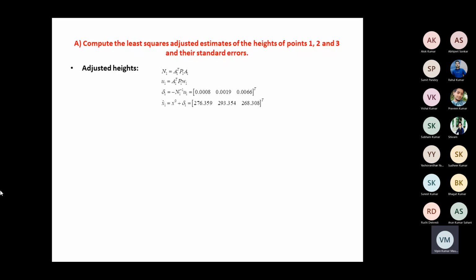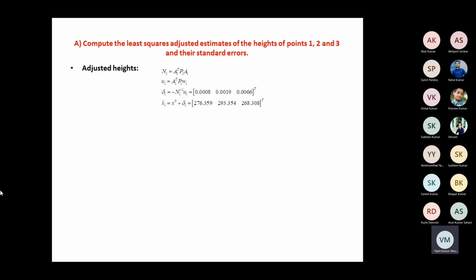Sumit? Yes, sir. Clear, sir. Is it clear to you? Yes, sir. Whatever questions you all have solved earlier in the classes, it was like U1 equal to ATPL, isn't it? So at the place of L, if we are putting the value of misclosure, means you are putting the approximate residual, then whatever estimates you will get will be a residual. So that residual you have to add to the initial heights, or you can say approximate heights.